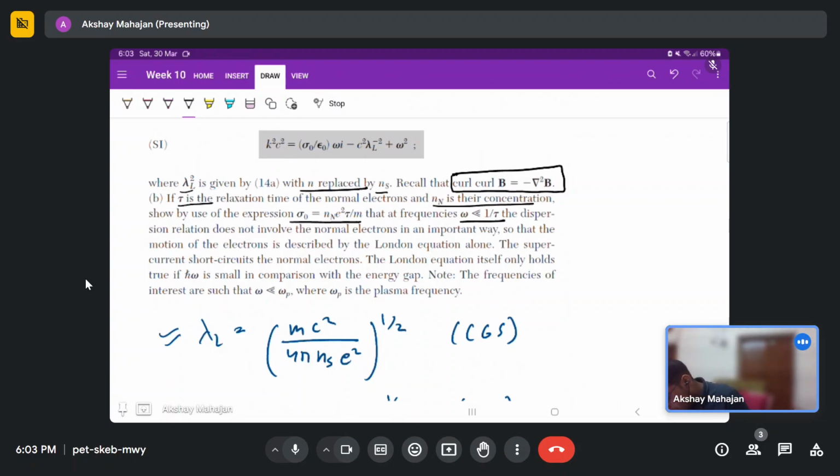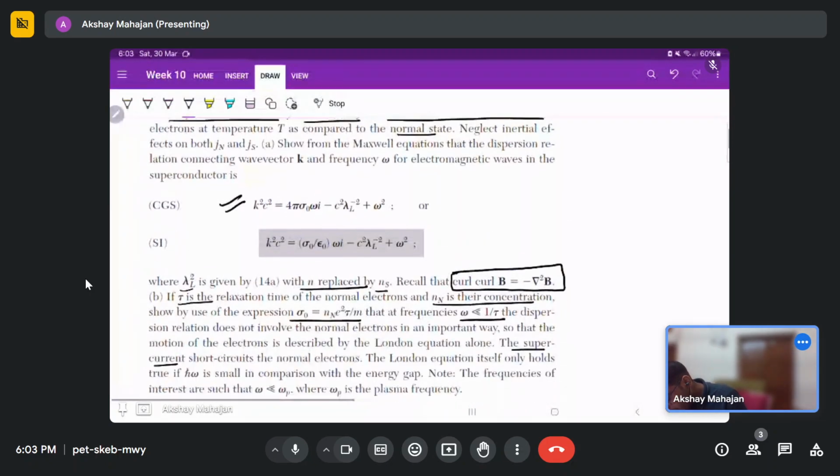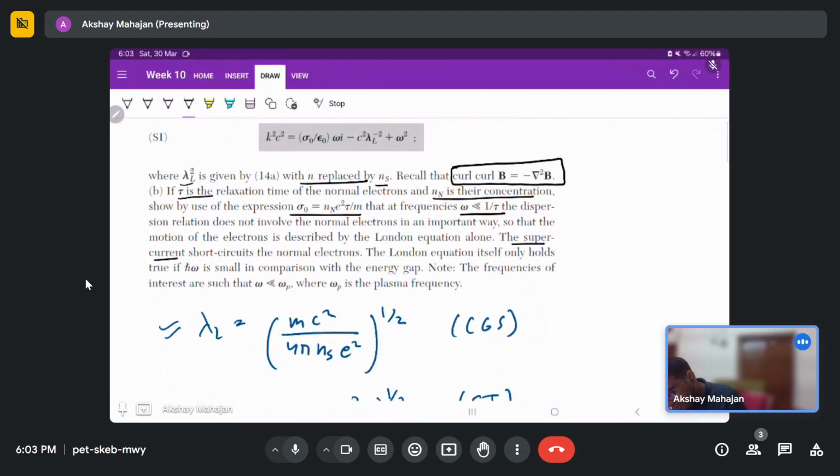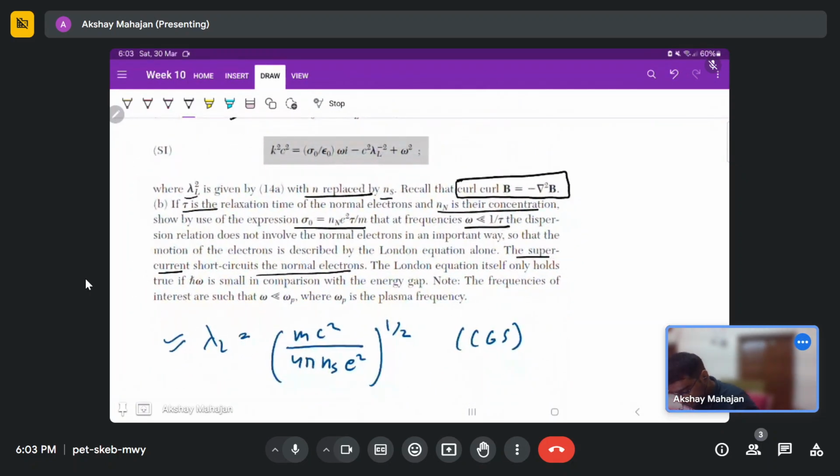In the two fluid model, as you have seen in the lecture, the supercurrent from the superconducting electrons short circuits the normal electrons. So the contribution of normal electrons to this dispersion relation or conductivity is not much. We can ignore them, and describe the motion of the electron by the London equation only.